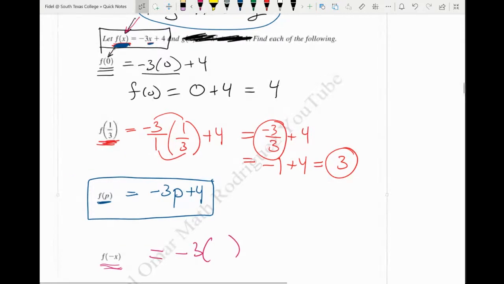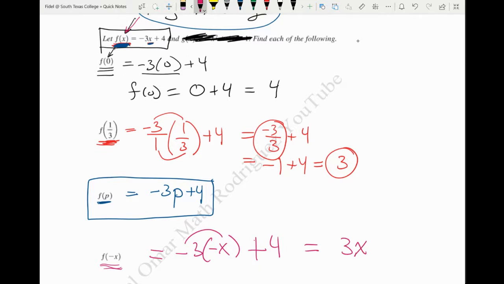Now we're plugging in a -x plus 4. Okay. So let's see, -3 times -x is +3x plus 4, and we're good.